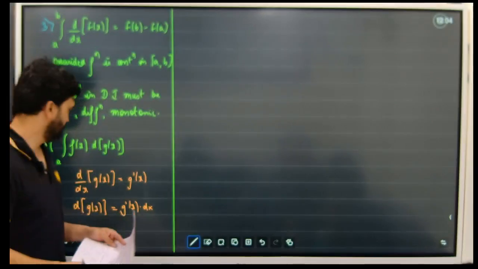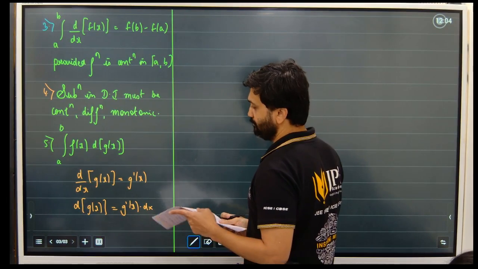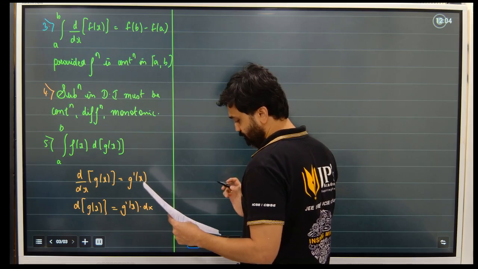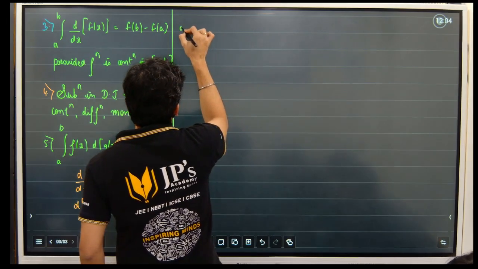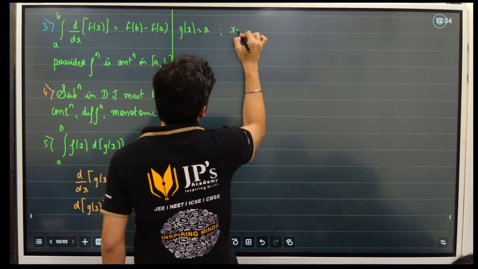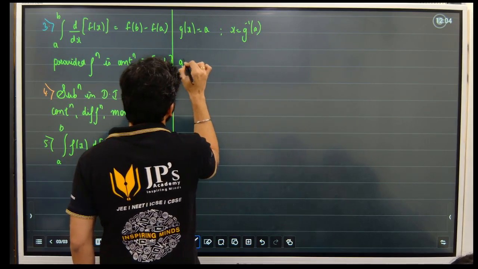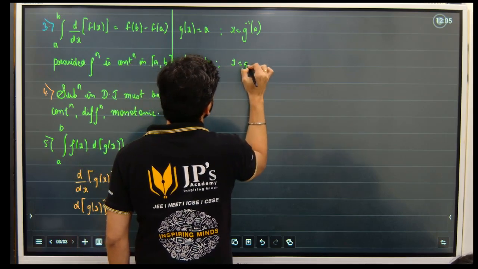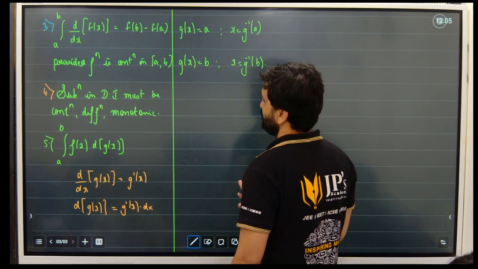And since I have written d of g of x as g dash x dx, now my limits will change. Okay, whatever substitution I have done, if g of x is a then x will become g inverse a. If g of x is b, then x will become g inverse b. Okay, x will become g inverse b.